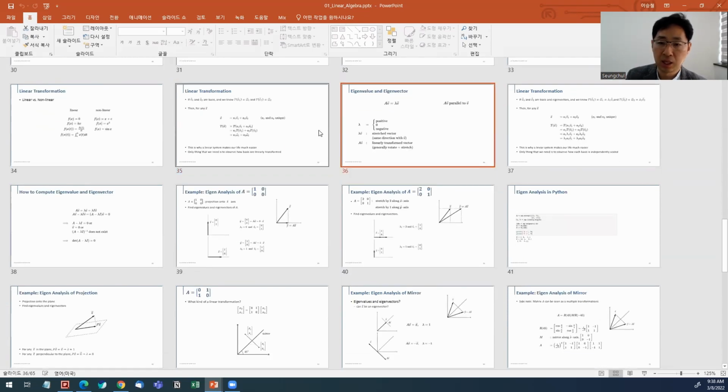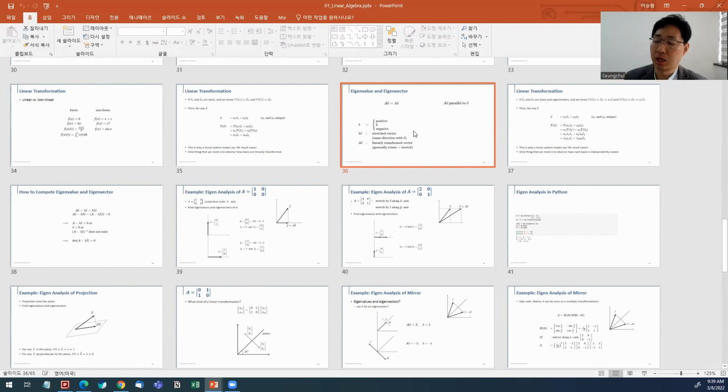And another topic in the linear space, or let's say in the matrix, is eigenvalues and eigenvectors. It's really important for you guys to understand the physical meaning of eigenvalues and the physical meaning of eigenvectors.